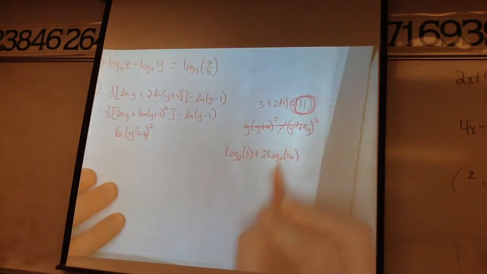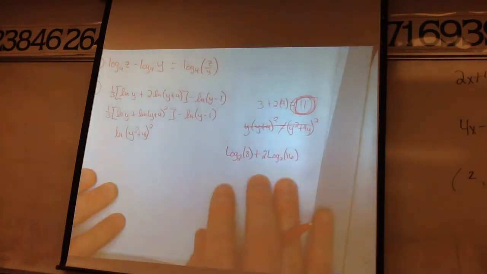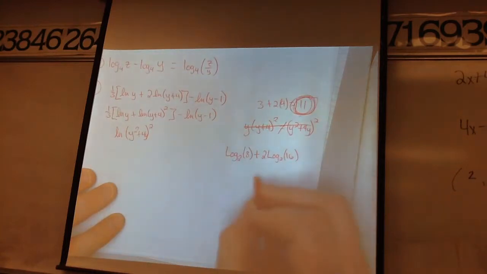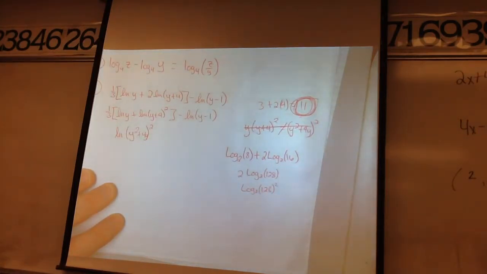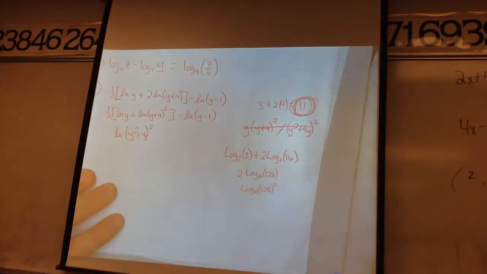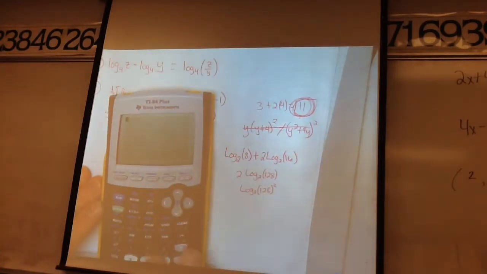So let's do what we're just thinking here. Can I go log base 2 of 128, and then go log base 2 of 128 squared? Do I get 11? I don't think so. 2 to the 11th power is not 128.